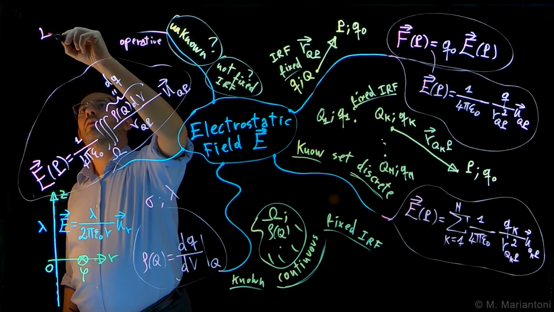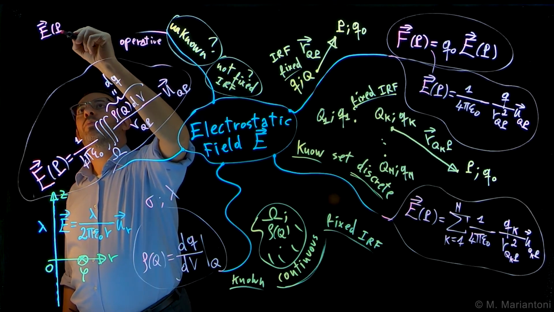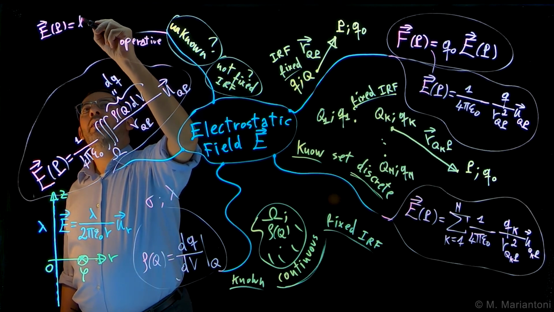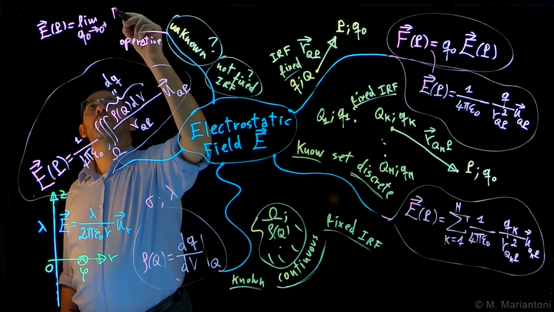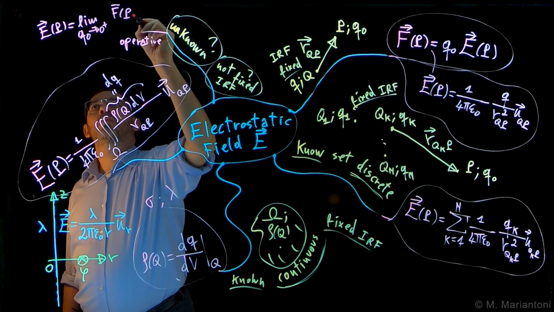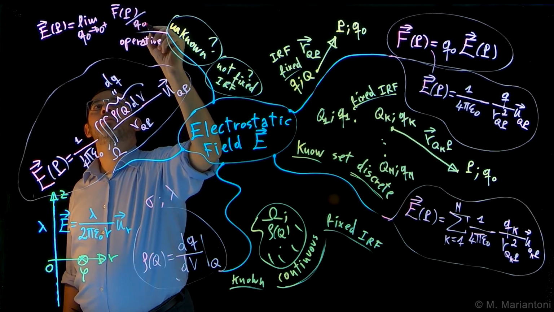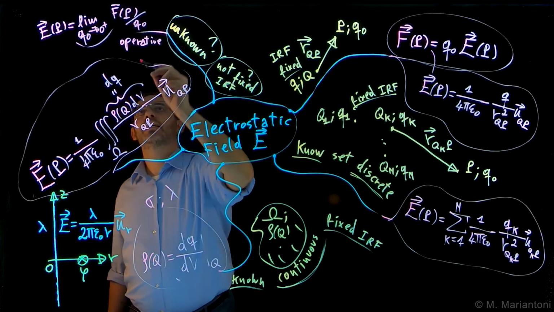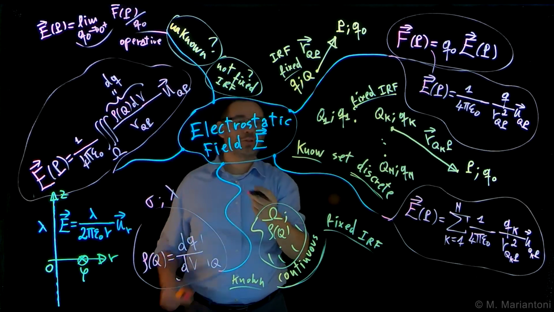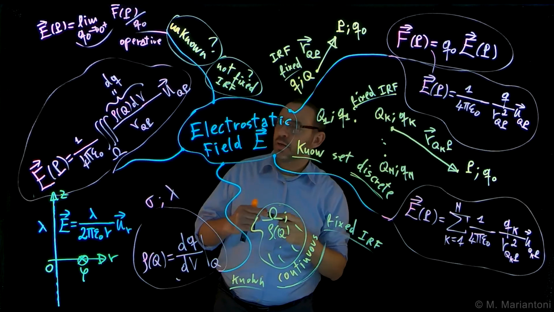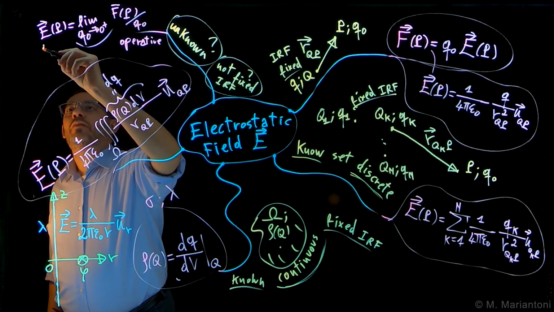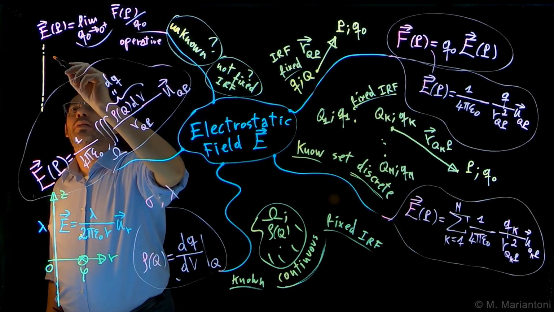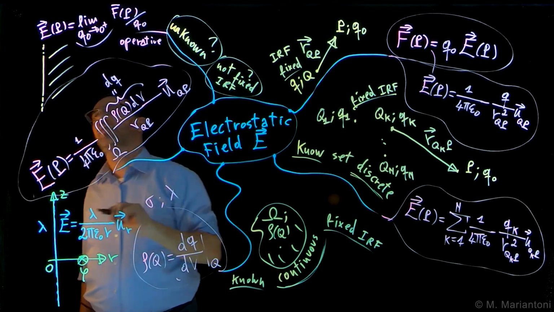In this case, the operative definition of E tells us that E at point capital P is the limit, for Q naught, the test charge, going to 0 plus, of the force at point capital P divided by Q naught. This limit has to be intended in a physical sense, because of course you cannot have anything smaller than an electron. Most importantly, we consider the example of a semi-infinite slab of conducting material, which we will study later in 342.